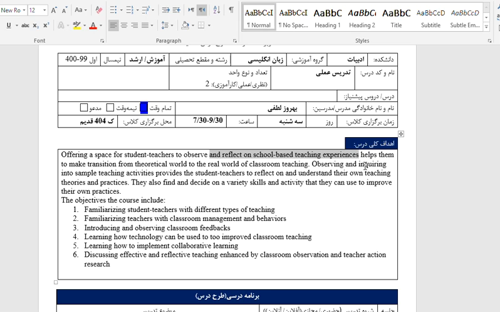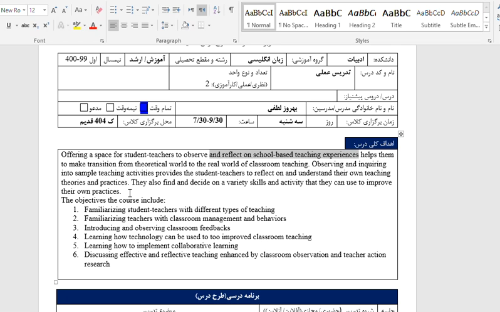So you observe and inquire into sample teaching activities, which lets student teachers reflect on and understand their own theories and practices. When you observe those teachers and think about those practices, you can reflect on your own theories.